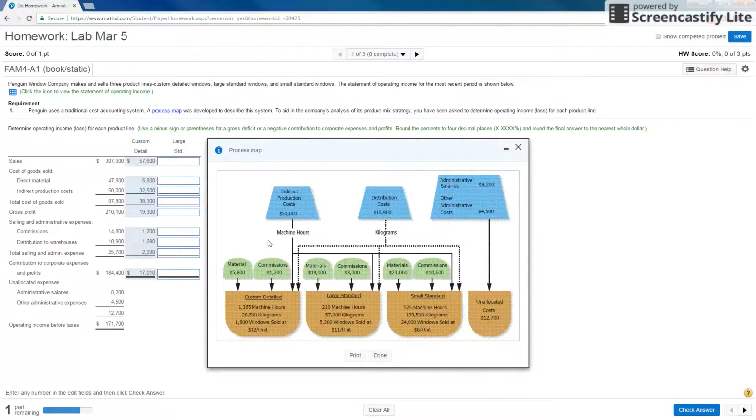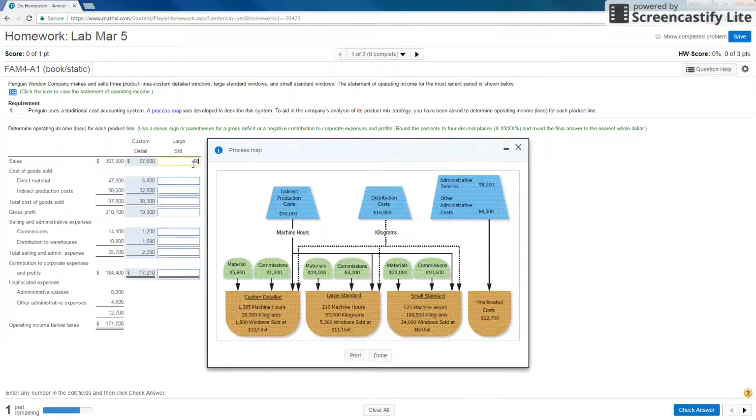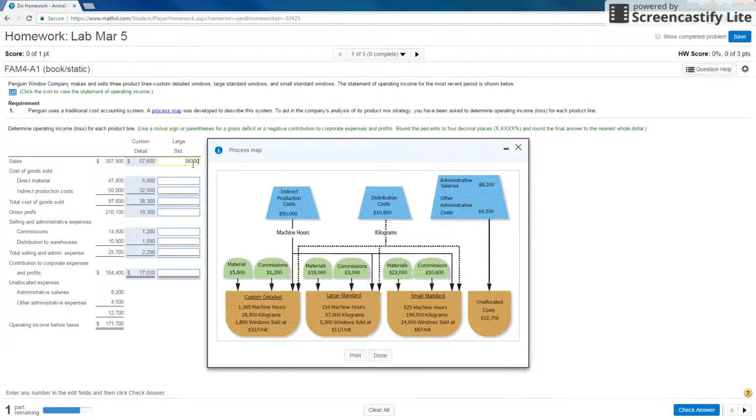Yes, that's it. So now I will solve the second part. Again, the same. We sold 5,300 multiplied by $11 each, so 58,300. The direct material is $19,000. Commission is $3,000. Indirect production cost.